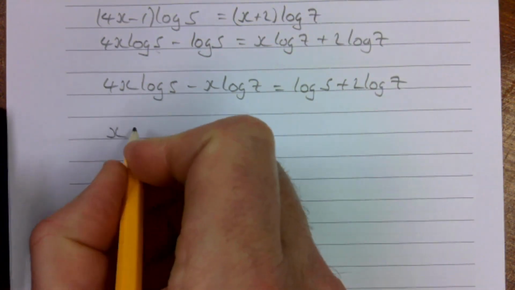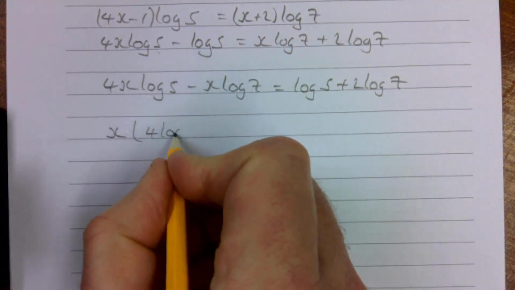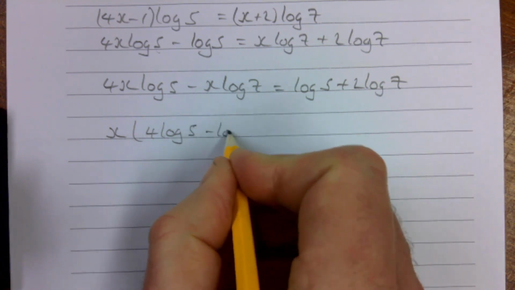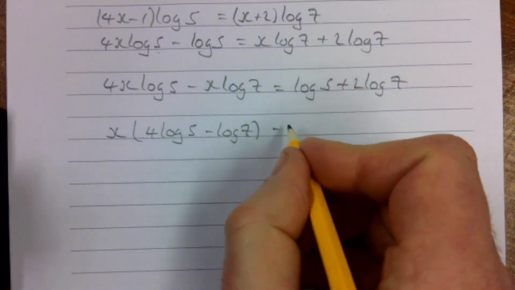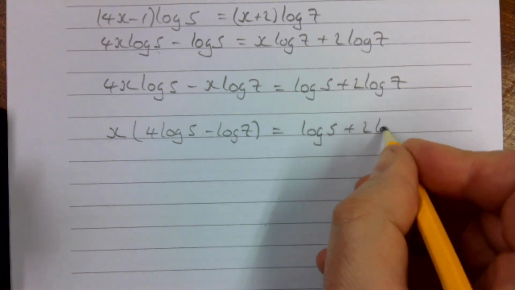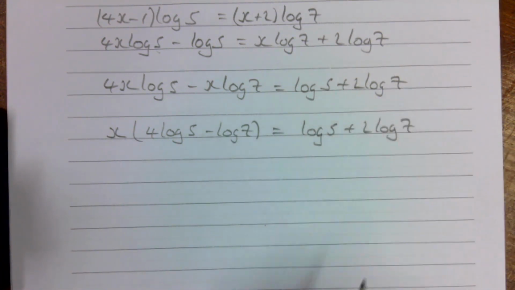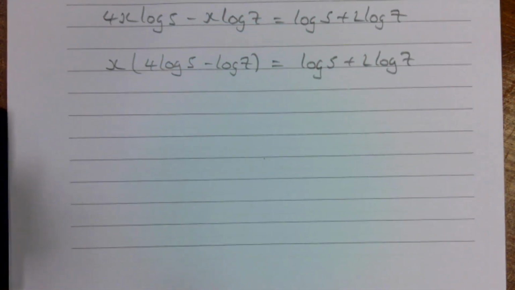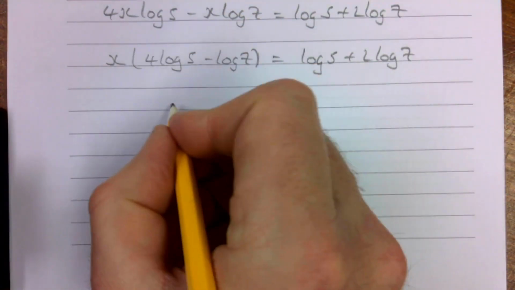So my next line is going to be x times (4 log 5 minus log 7) is equal to log 5 plus 2 log 7. Dividing then by my bracket.